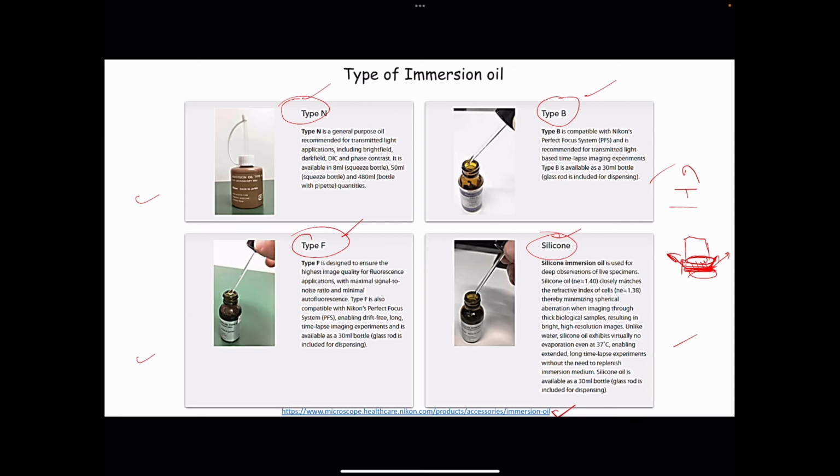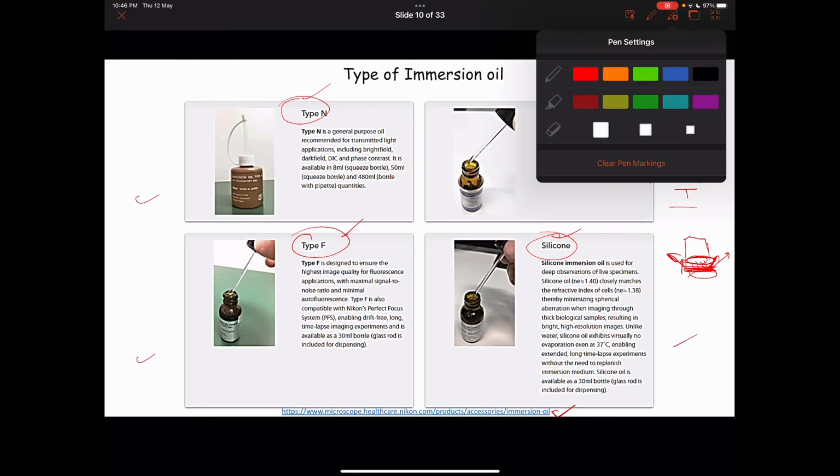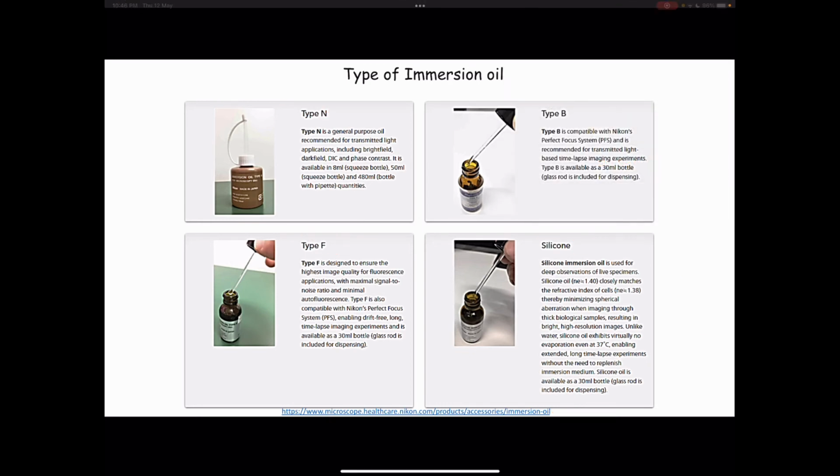We will come to what drift correction is, but these important properties are taken into consideration when you are using the immersion media, because with great power comes great responsibility. You have to make wise use of this immersion oil.